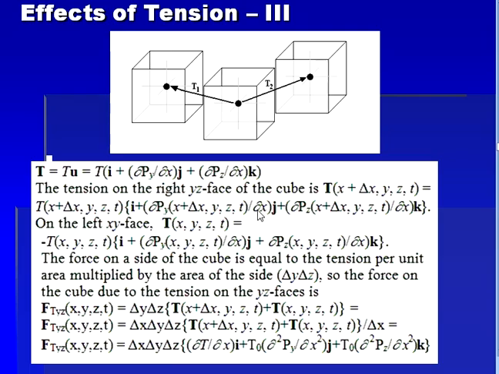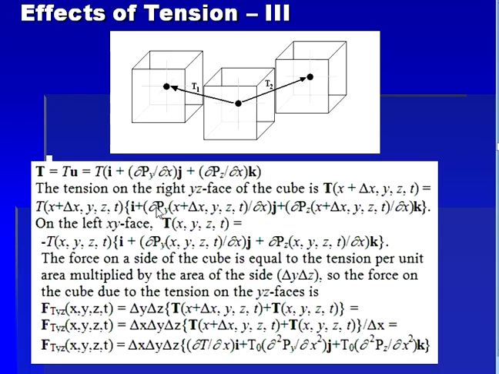Now, for the y component of the tension force, we'll notice that the tension at x plus delta x is going to be approximately equal to the tension at x, and we'll call that tension T0. And to first order in small quantities, those two things will be the same.